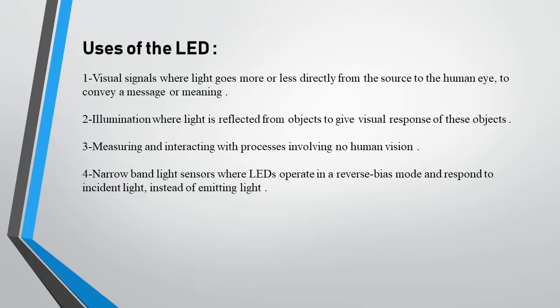Uses of the LED: visual signals, where light goes more or less directly from the source to the human eye to convey a message or meaning. Illumination, where light is reflected from objects to give visual response of these objects.